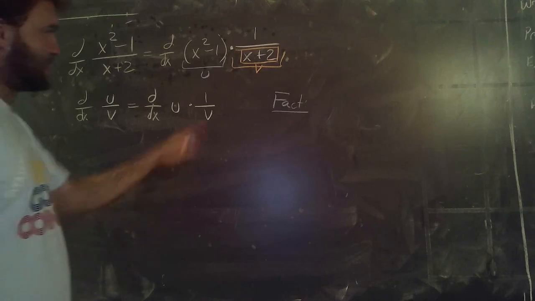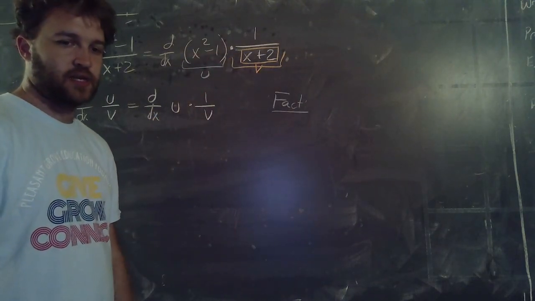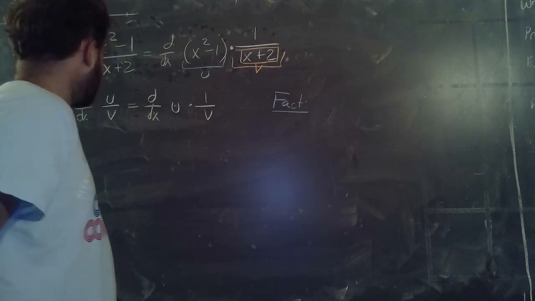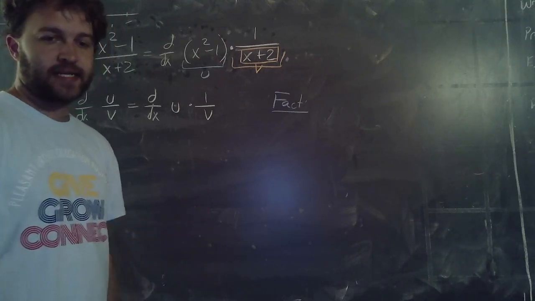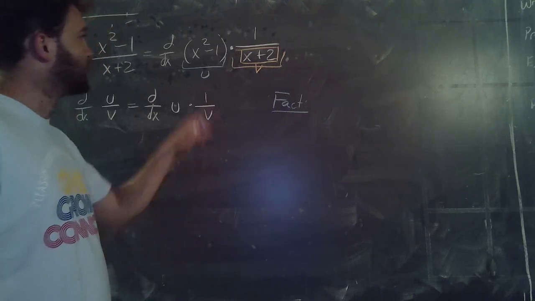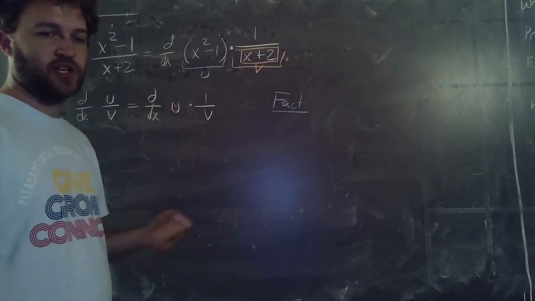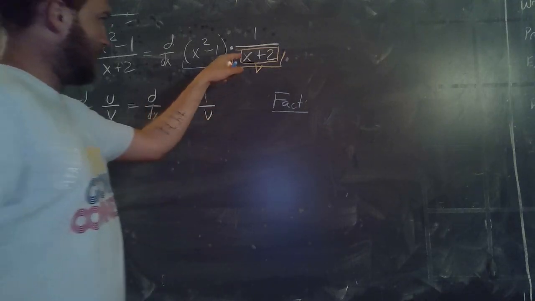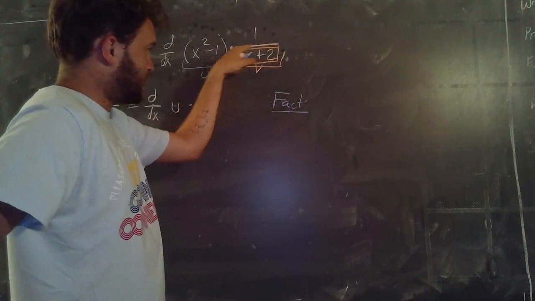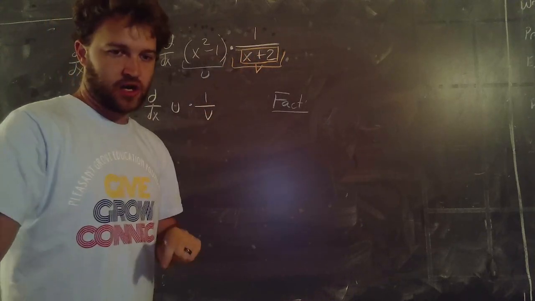Now, the fact that this is a multiplication indicates that we are at liberty to use the product rule here, but for simplicity's sake and to make it more general, I'm going to make some substitutions again. I've underlined in blue the x squared minus 1. This is the numerator term. We will call it u. And specifically, I'm going to take this x plus 2 and call it v.